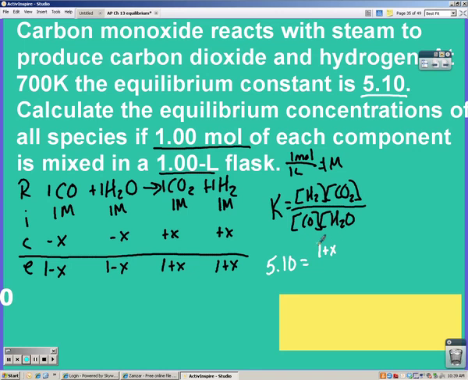Instead of saying 1 plus x times 1 plus x, I'm just going to say 1 plus x squared because I have two of them. And on the bottom, same thing, I'm just going to say 1 minus x squared. It's going to make solving my problem much easier, because since I have squared over squared, I can square root both sides and get rid of those squares.